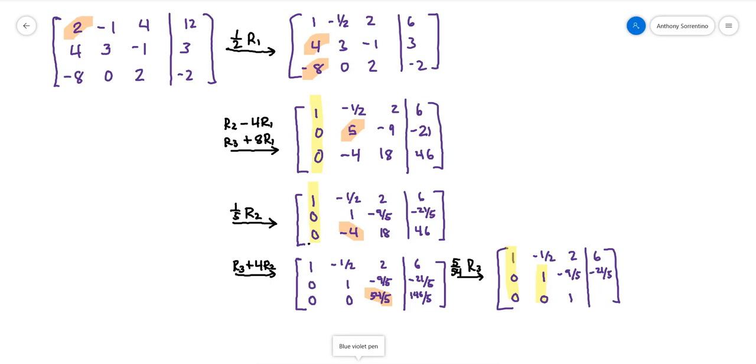146/5 times 5/54 becomes 146 over 54, which does simplify and becomes 73 over 27.